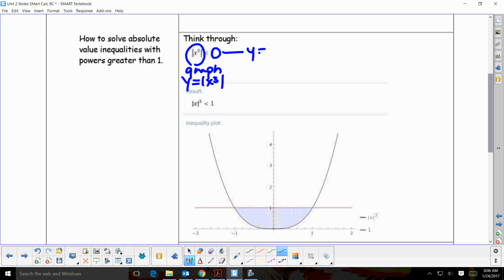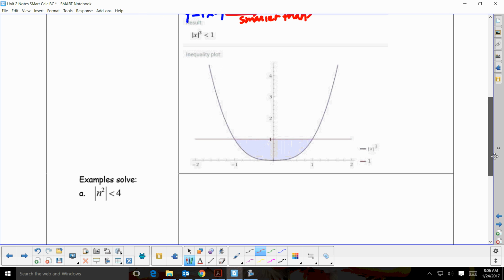So I'm going to graph y equals 1. And I'm going to look at where is that smaller than that, basically? Where is it less than? That's what I'm going to do. I'm going to look at it graphically.